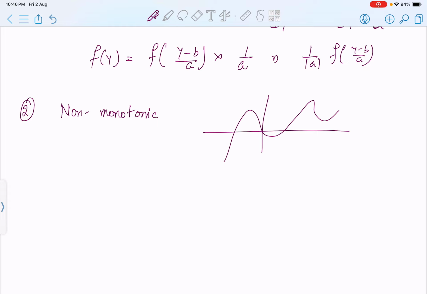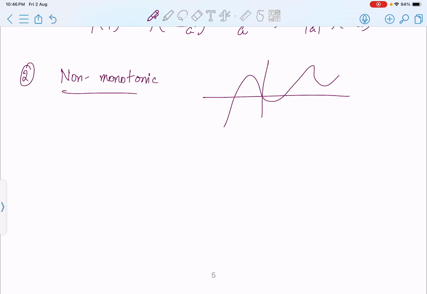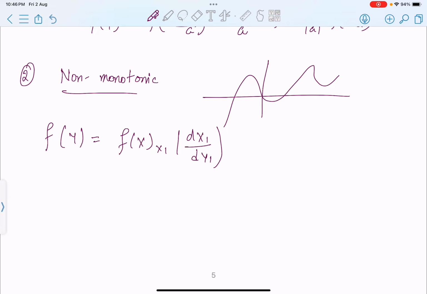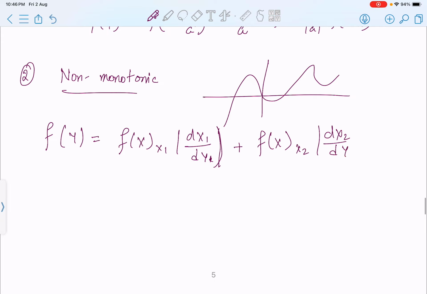So then what happens here is we will give f of y equal to f of x at x1, where x1 is one of the roots, multiplied by mod of dx1 by dy, plus f of x at x2 multiplied by mod of dx2 by dy, and so on. That will be the case for the non-monotonic case.